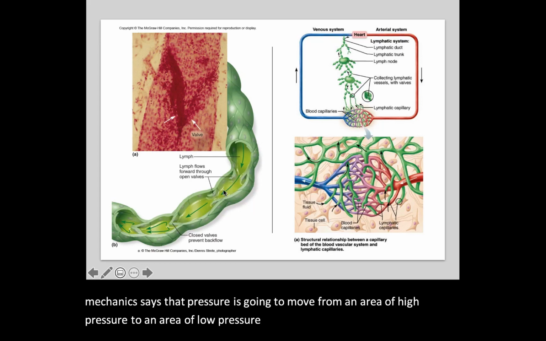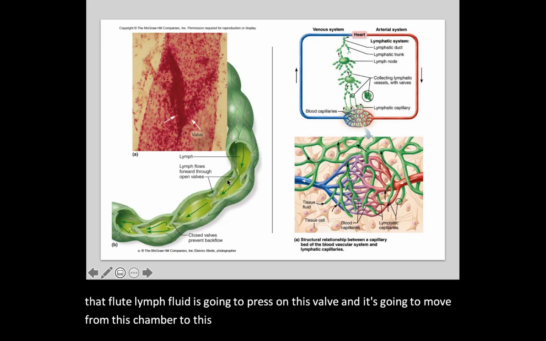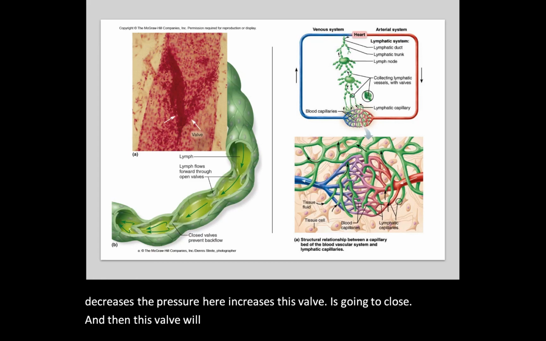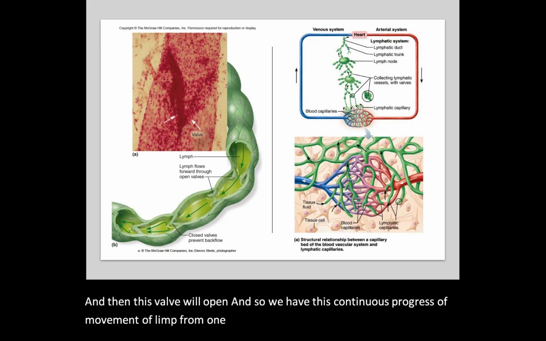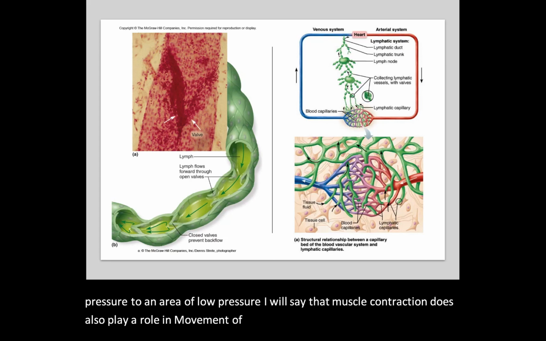That lymph fluid is going to press on this valve, and it's going to move from this chamber to this chamber. As the pressure here decreases and the pressure here increases, this valve is going to close, and then this valve will open. And so we have this continuous movement of lymph from one chamber to the next, from an area of high pressure to an area of low pressure. I will say that muscle contraction does also play a role in the movement of lymph from one vessel chamber to the next.